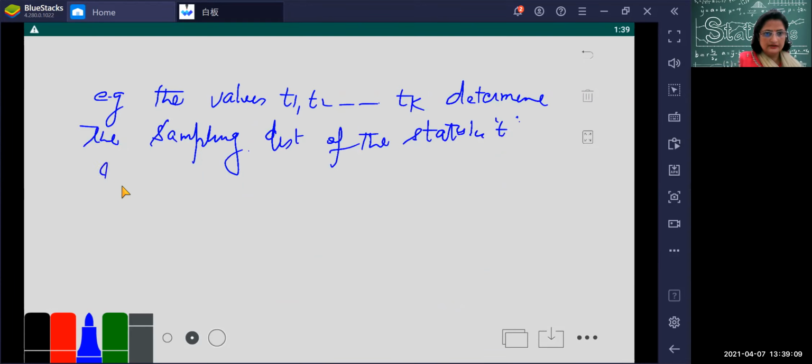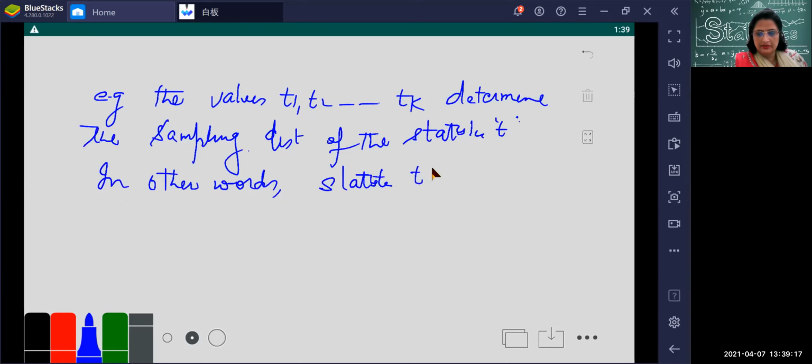In other words, statistic T, it may be mean, it may be sigma, it may be small s square, it may be beta 1, coefficient of skewness, coefficient of kurtosis, ठीक है जी? It may be any function of sample values.